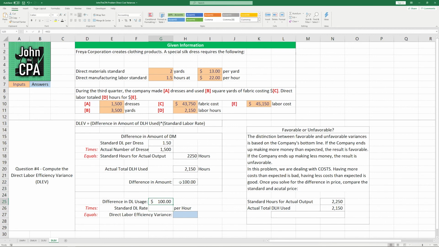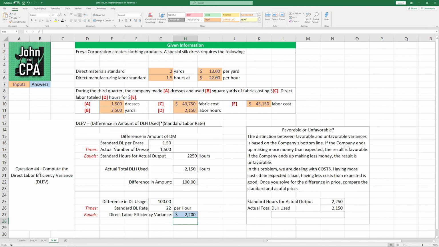We're going to take that 100 hours and multiply it by the standard direct labor rate given in the problem, $13 per hour. Oh, excuse me, it's $22 per hour. And that gets us a direct labor efficiency variance of $2,200.